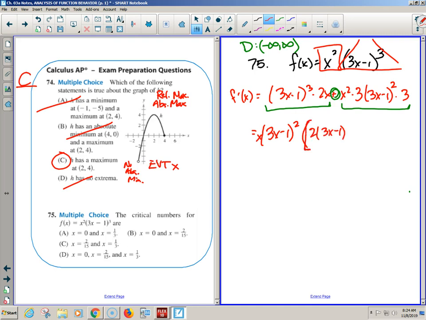Technically that should be a bracket if you want to be all precise, because those are parentheses. Plus 9x. Right? And then you're like, oh, x equals 0, x equals 1/3. Solve. Guys, it's algebra. It's easy, easy, easy. 6 and 9 is 15x minus 2, right?